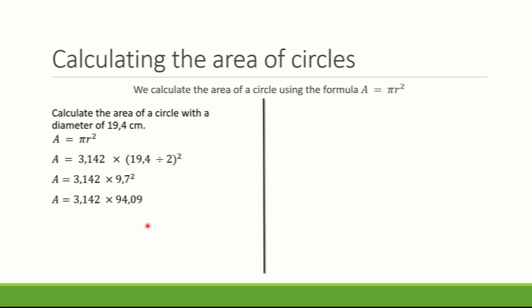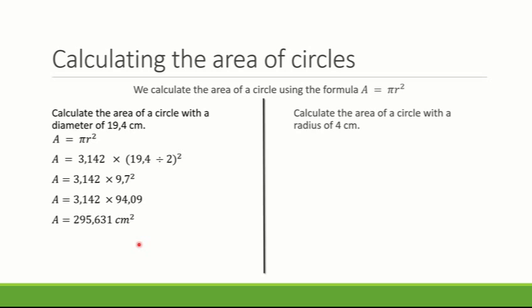So now we can finally multiply it by pi. Our area is 295,631 square centimeters. Again, that is very important. Remember, they gave us the diameter in centimeters, so we have to use square centimeters in the end.